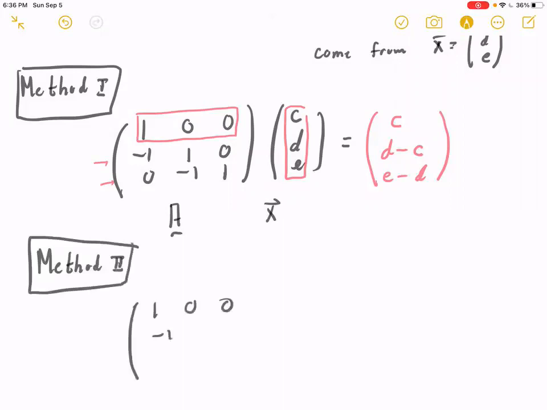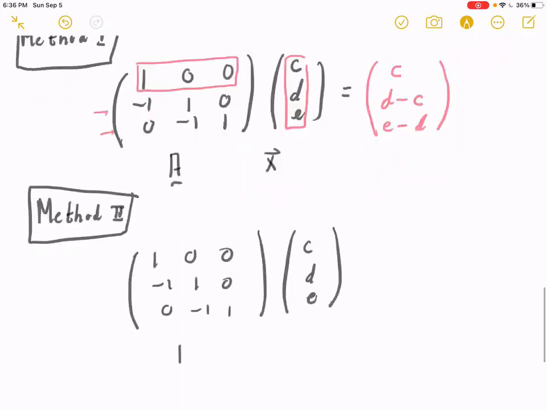That result is equivalent to what you would get using method 2, which we just summarized above. Again, here's our original matrix A. Multiply it by the vector x. And this is a linear combination of the column vectors of A, where the coefficients just come from the values of x.